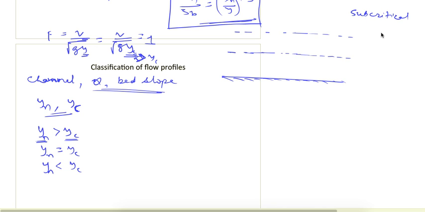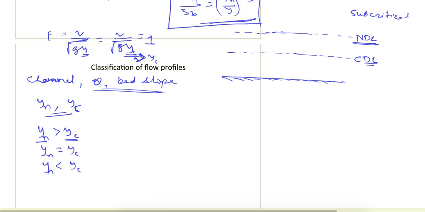For yn greater than yc, we denote yn as the normal depth line, and yc as the critical depth line. It means if the flow is occurring as a uniform flow, it will be at this depth of flow, and if the flow is occurring at critical depth, it will follow this line.